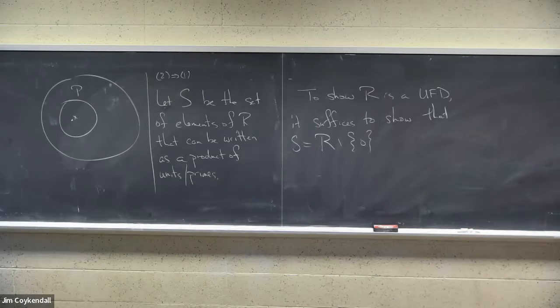Because if S, that is the set of things that can be written as a product of units and primes, is all the non-zero elements of R, then what have we shown? We've shown that every non-zero element of R is either a unit or it can be written as a product of primes. That's all we need.